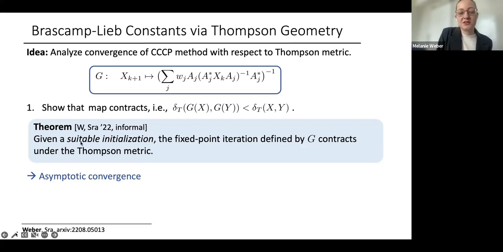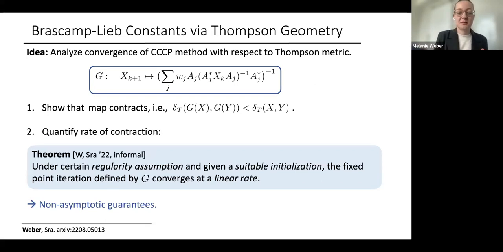This is subject to a suitable initialization. Basically, there's a certain compact set around the optimum in which we have to initialize. But subject to having initialized within that set, we can show that the map contracts, and then with some additional work also show asymptotic convergence to the optimum.